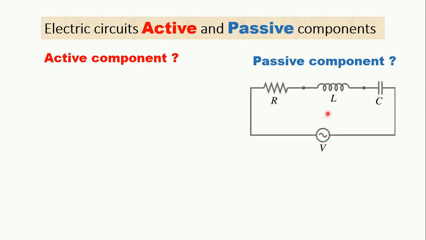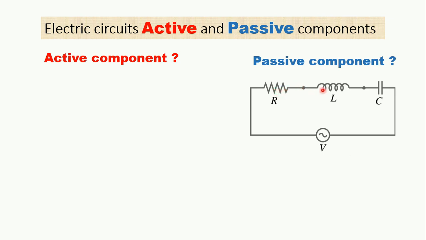So if we start looking at passive components, and we look at this RLC circuit, a famous circuit in electrical engineering, here we have an AC voltage source. If we look at which element in this circuit could be active and which can be passive, well, the current will pass through this resistor, so there will be power consumption here.